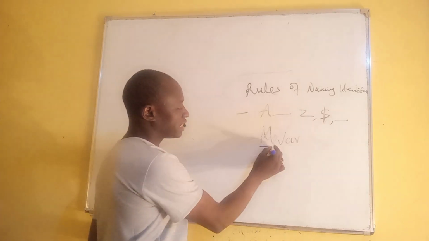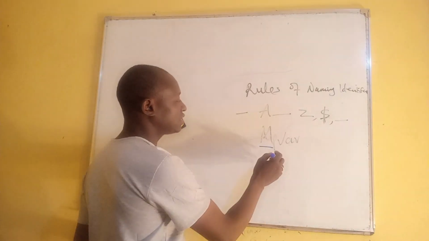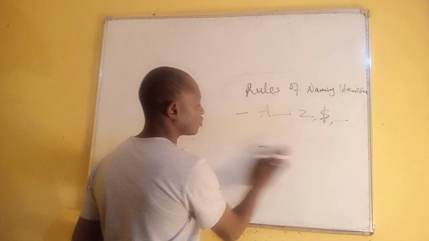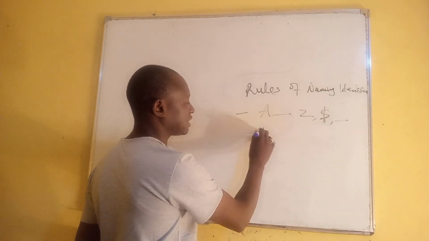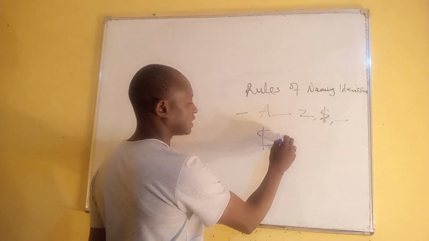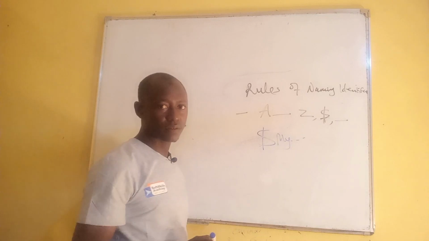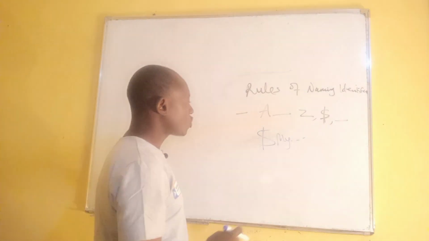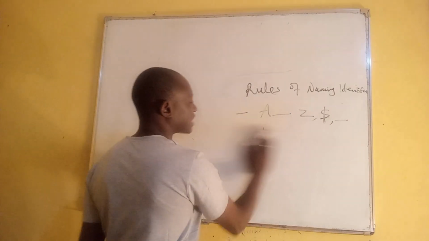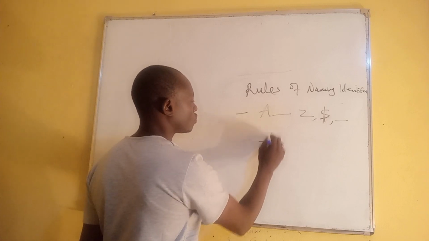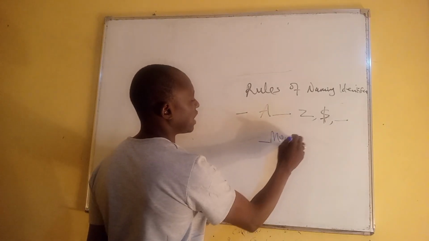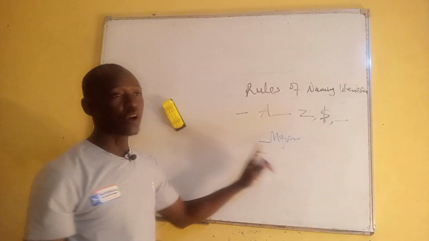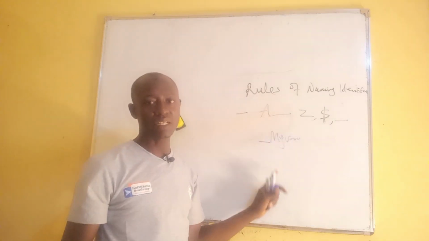So you see now here it starts with what? With a letter, isn't it? So it can also start with a dollar sign like this. Then you now write my whatsoever here. Are we together? So also, it can start with an underscore, _myVar. So this is the number one rule. You need to master this.